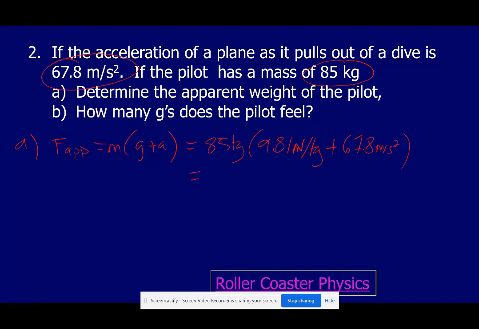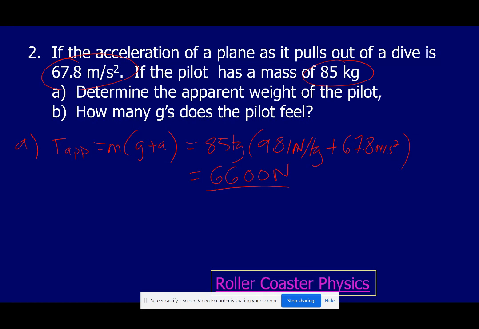Again, it's okay to add those two things together. And I'm going to go 85 times bracket 9.81 plus 67.8 bracket equals. I'm going to round that to two digits again. For the 85 kilograms, it's going to be 6,600 newtons of apparent weight.